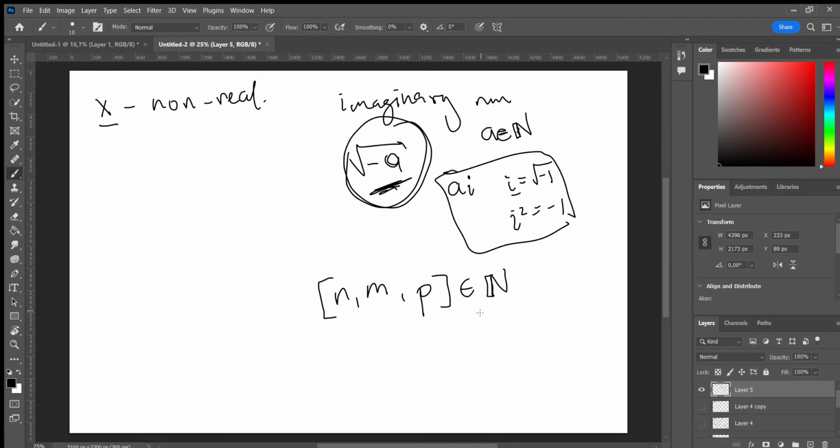I don't like using positive integers because 0 is kind of a positive integer, but 0 could be negative and positive and still be 0. So I like saying natural numbers. Integers are written with Z, right? So since we know that m, n, and p are elements of the positive integers, if we get that the roots of x have a minus in them, we will get the answer.